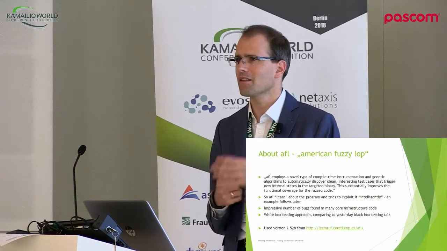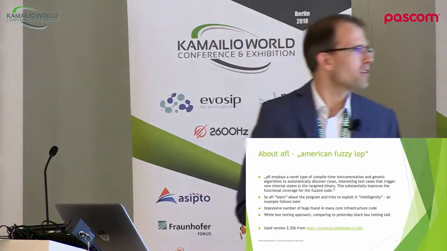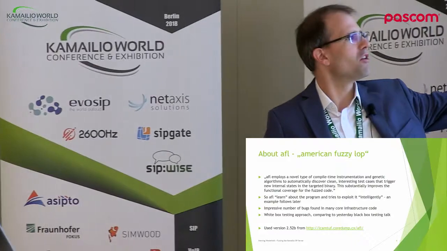If you have a program like AFL, it knows, okay, this is the if and else case. We already have been in the if case. Let's try a different thing so that we go to the else case. So it's really much more effective. As I said, AFL tries to learn about the program and exploit it intelligently. They call it a genetic algorithm. So far I didn't get why it's genetic. Maybe it's just a fancy name.